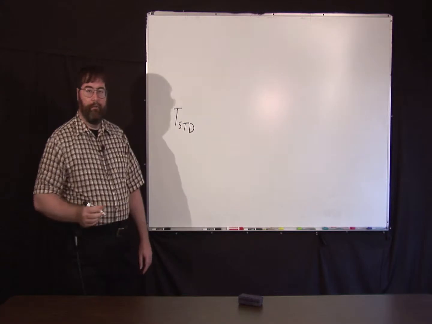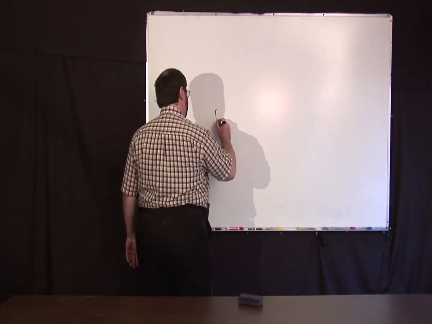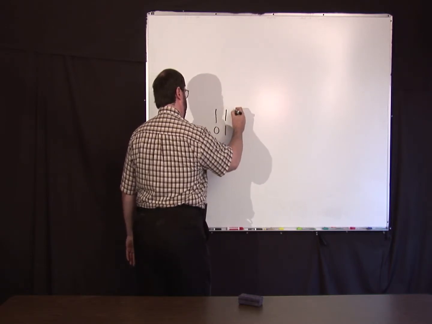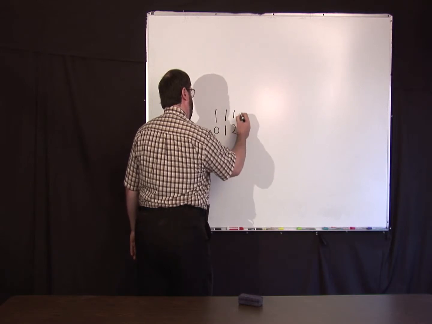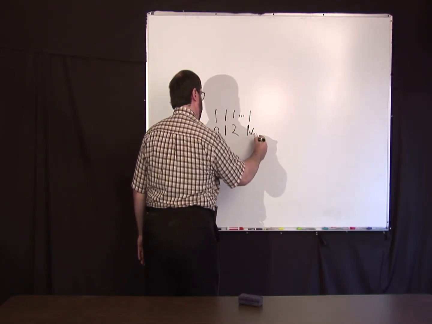And you start counting pulses. And you really want to start counting at 0 for reasons I'll say in a minute. You start counting pulses, and then you count until you get to n standard pulses.